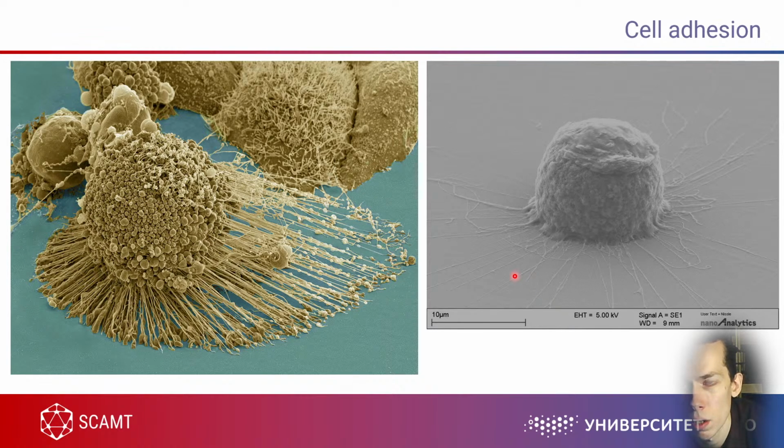So when a cell loses this adhesion, the cell itself understands that something is going wrong. Maybe I am a malignant cell, and because of this loss of adhesion, the cell can kill itself so as not to produce this metastasis.